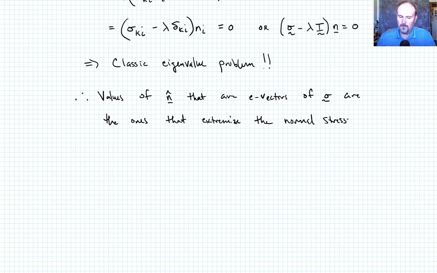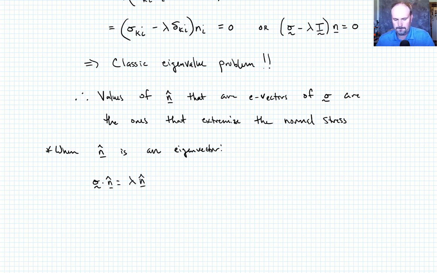So what does that also mean? When n is an eigenvector, that means sigma times n is equal to lambda times n. We could write this in index notation: sigma ij nj is equal to lambda ni.